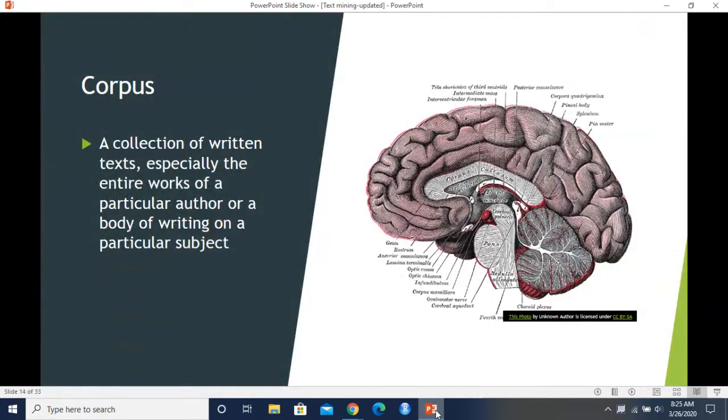A corpus is a collection of written texts, especially the entire works of a particular author or a body of writing on a particular subject. In text mining, the corpus represents a collection of data text labeled with text annotations. It is equivalent to a dataset in other forms of analysis.